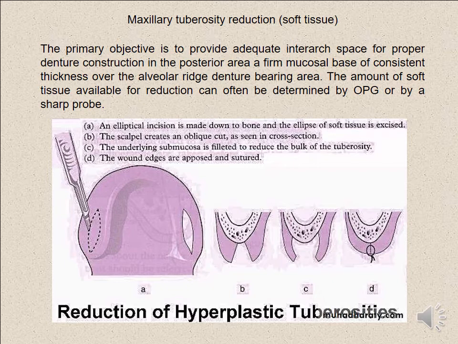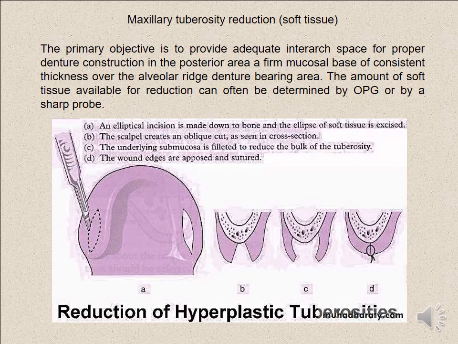The amount of soft tissue available for reduction can often be determined by orthopanoramic radiography or by a sharp probe. We use a periodontal probe to measure whether there is soft tissue enlargement or bony enlargement.